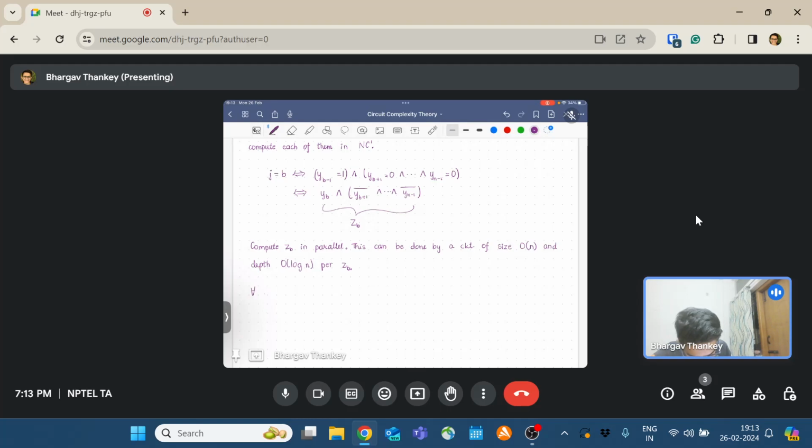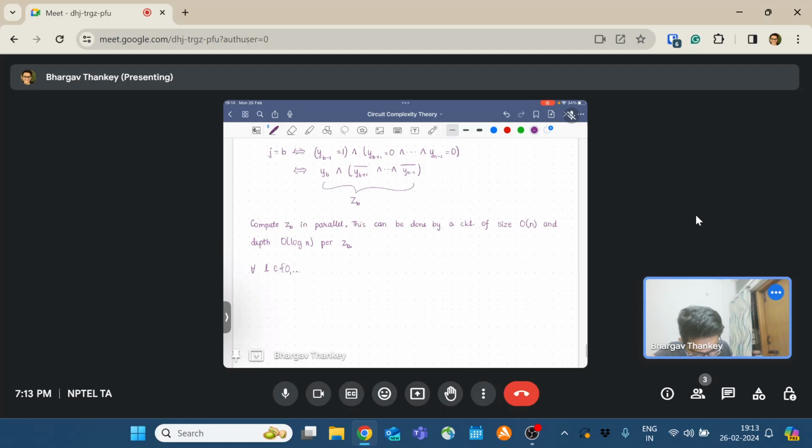For all L in 0 to m minus 1, define J_L to be the OR of all b's such that the Lth bit of b is 1, of Z_b. Okay, so my claim is this gives you the correct j.